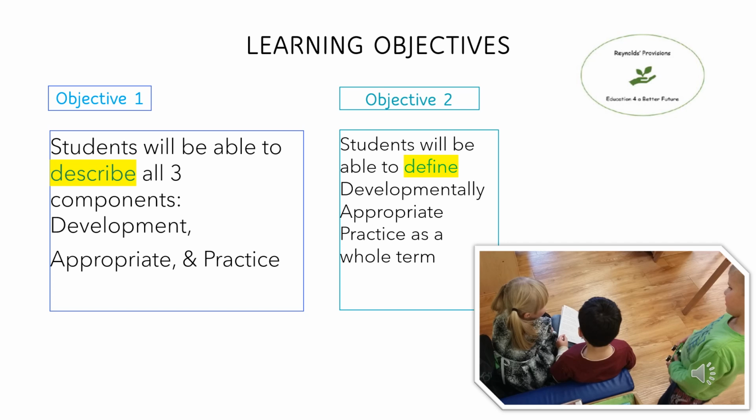When writing your learning objectives for your lessons, be aware of where your current students are in their development and educational level. We can read learning objective 2 as I will be able to define developmentally appropriate practice as a whole term. Just exchanging the word I as you did in the first objective.